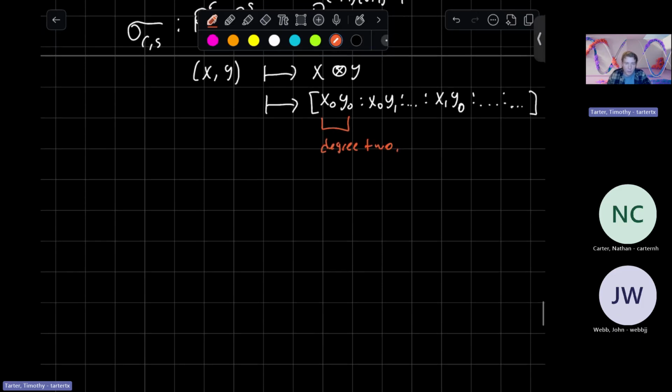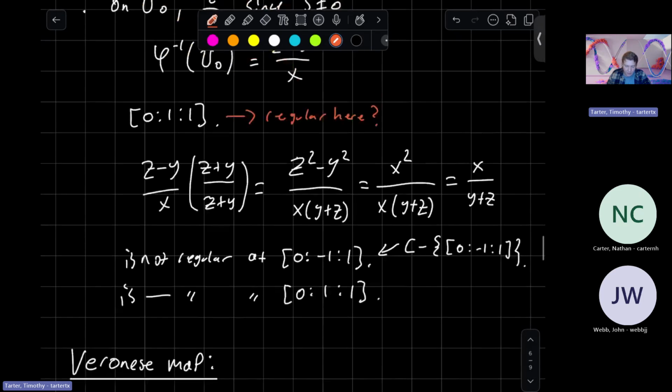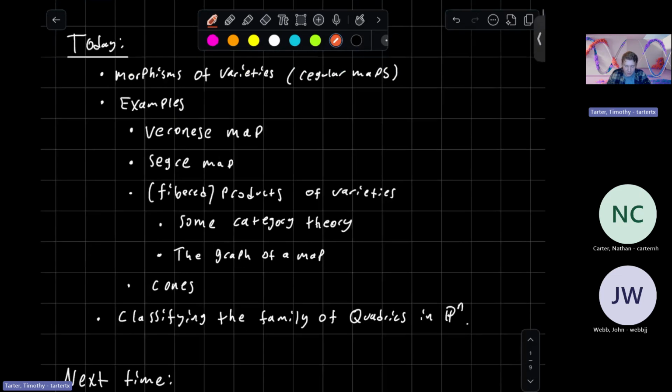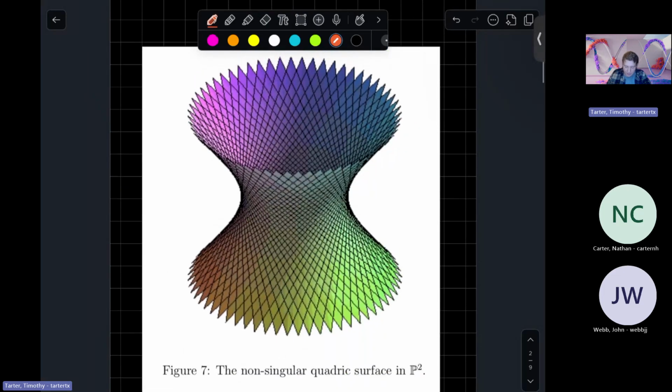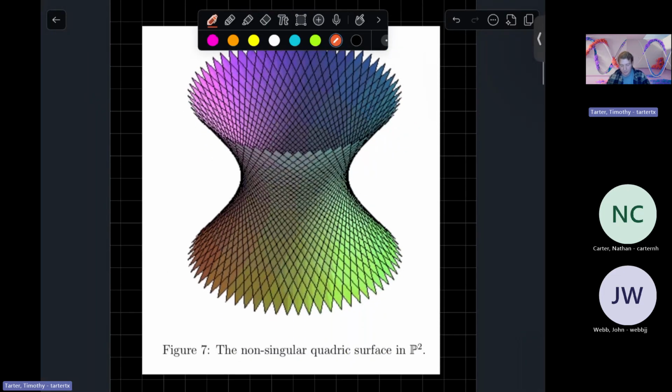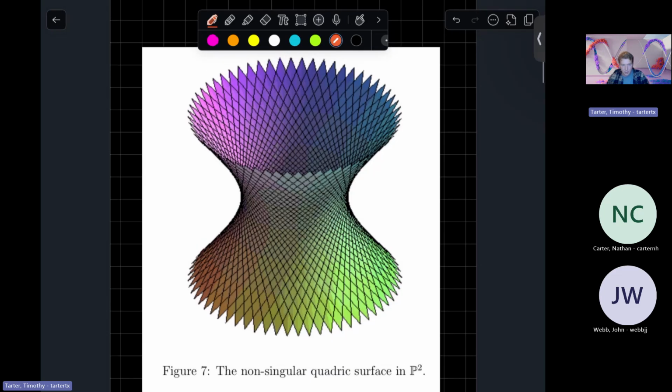Okay, so what does this look like? Just as a picture, because I have a nice picture, this is a non-singular quadratic surface in P2. At the end of this lecture, hopefully we'll have time to classify all of the quadratic surfaces in Pn. And this will be our first legitimate algebraic geometry result.